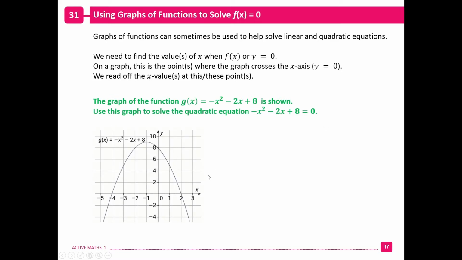Now, it makes it a lot easier to understand when we can see a function. So we have an example here. This is the graph of the function, and it's called g. The rule of this function is minus x squared, take away 2x plus 8. What type of function is this?